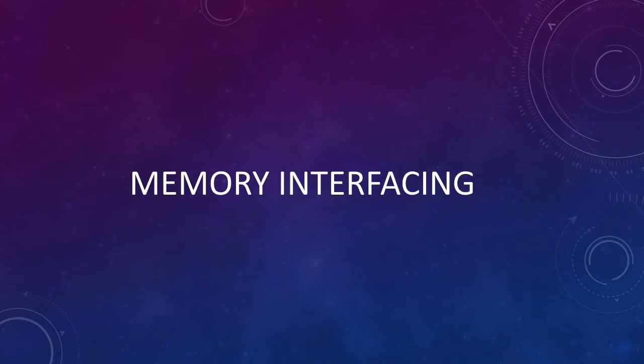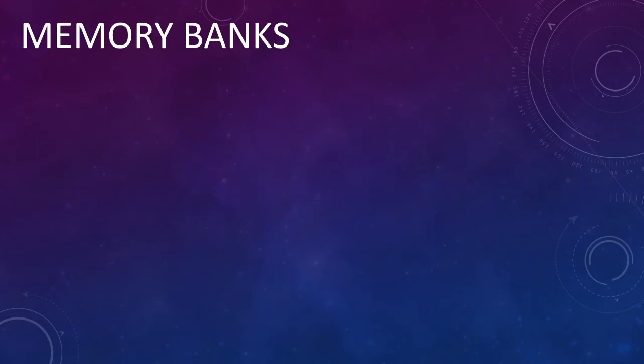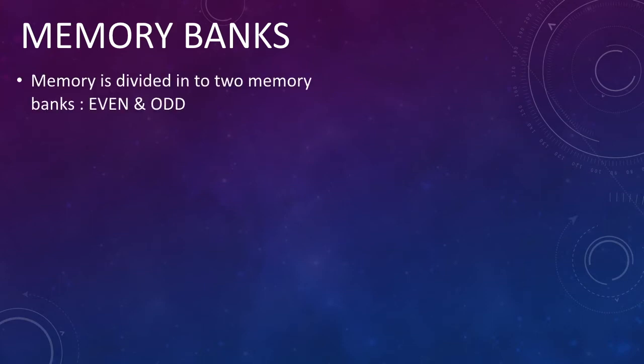Memory interfacing includes the details about the connection of different memory devices to the processor. We'll start with the discussion on memory banks. As we know, the microprocessor has 1 MB of memory. This memory is divided into two memory banks, the even bank and the odd bank.